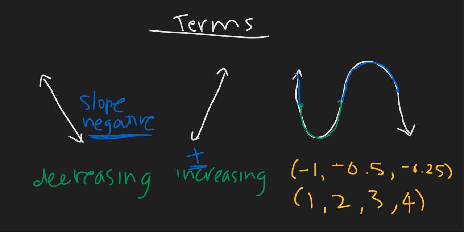Concave down is just the reverse. It can be positive, it can start with 4, but as long as it's decreasing, it's concave down. So right over here, we have concave up, and right here, we have concave down.